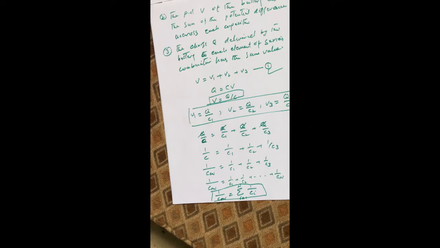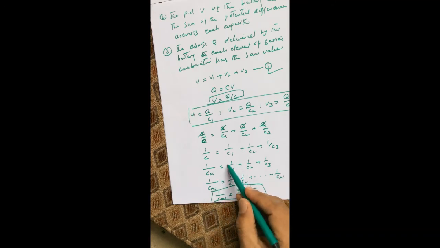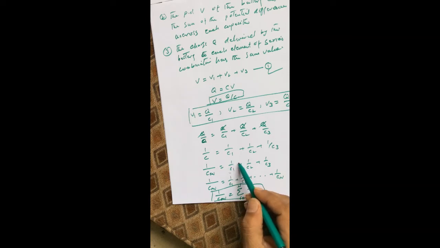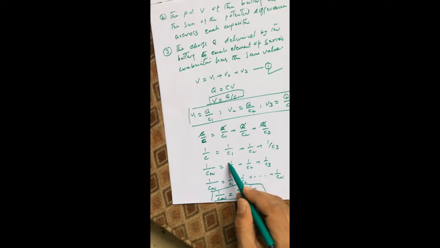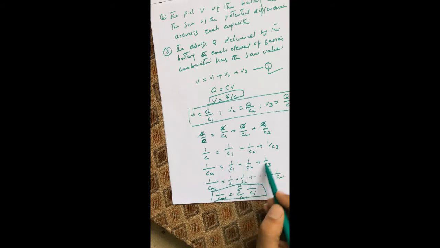Now in order to calculate the equivalent capacitance of capacitors connected in series, we take the reciprocal of each capacitance, or we take the reciprocal of the sum of the reciprocals of the individual capacitances. First we calculate the reciprocal of each individual capacitance, then we add them, and after addition we take the reciprocal to get the equivalent capacitance.